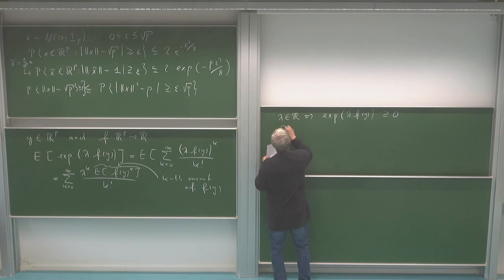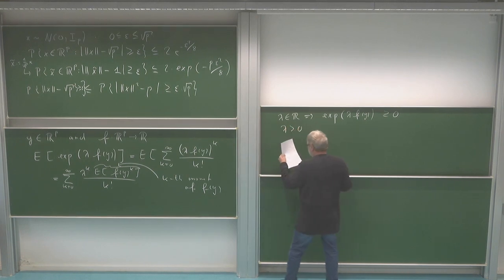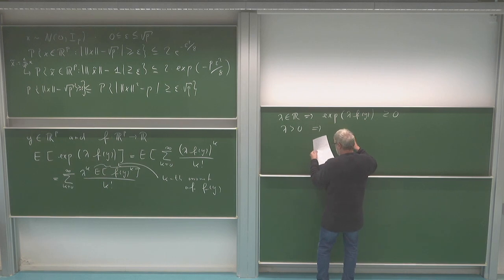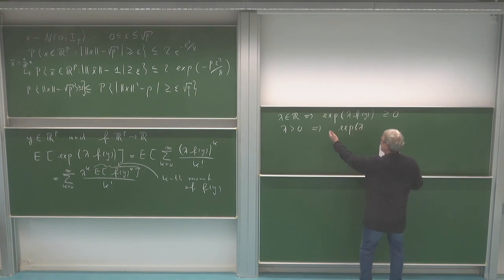And I also use that if lambda is bigger than 0, then going over from something to exponential in lambda times this something is a monotone increasing function.